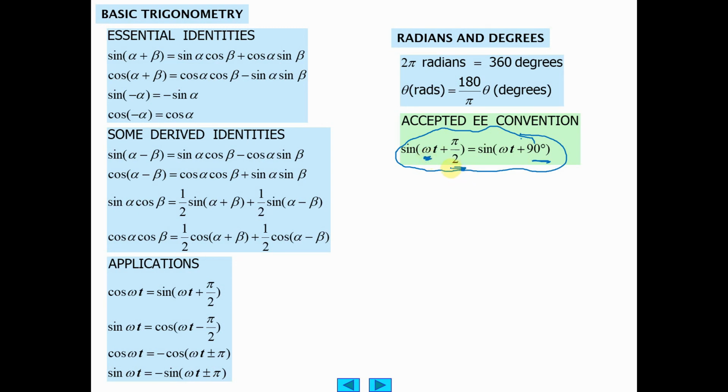People got a little sloppy with notation, and then they said, okay, we're going to make it convention. A lot of times we think of angles in degrees, not in radians. So people will write something like this. They'll mix their units. Be careful about that. Just watch out for it, because people out there do it. That's the headline on this.